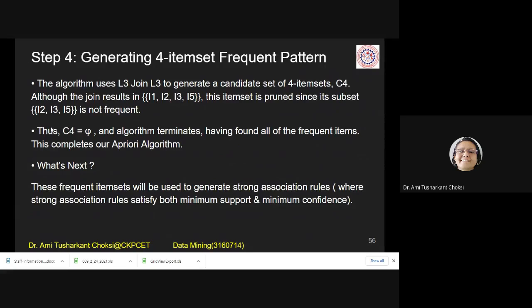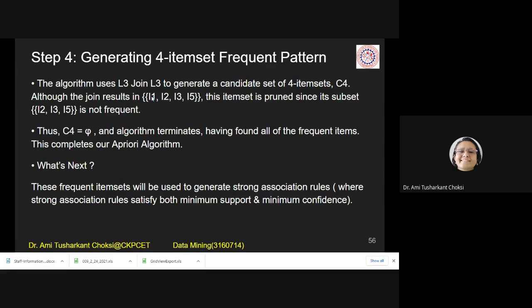And so C4 is an empty set. We do not have any item set in this particular C4. You may say, ma'am, try for others, but we have only this combination.